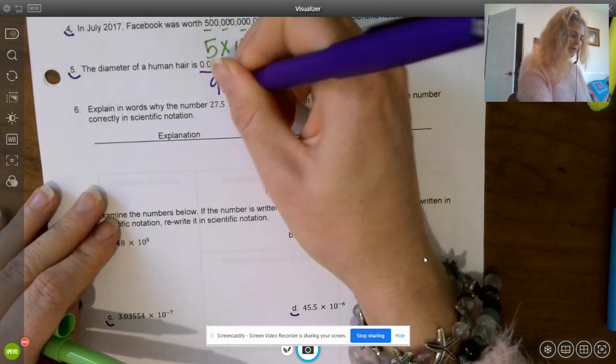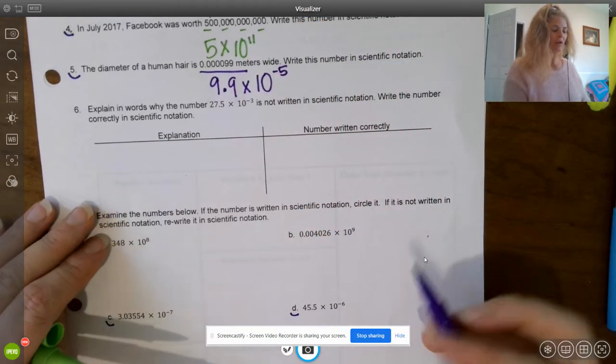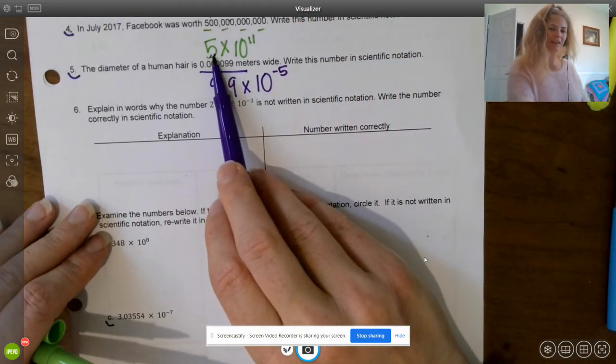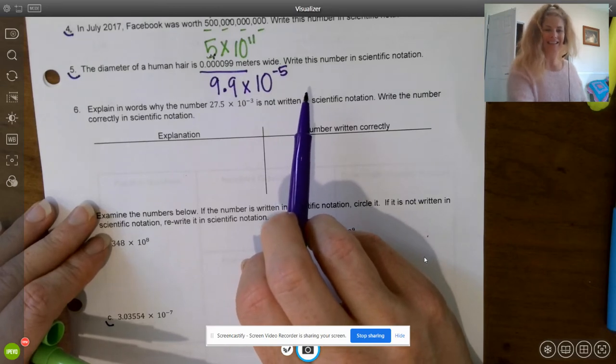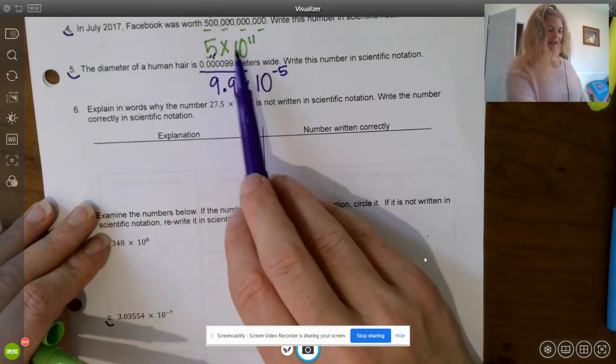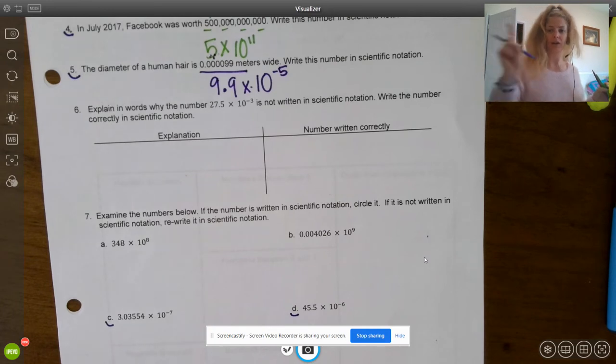This is 9.9 times 10 to the negative 5th. Remember, your significant figure needs to be greater than or equal to 1 and less than 10. We always use an X for the times. You have to use the X for times in scientific notation, or it is not in scientific notation.